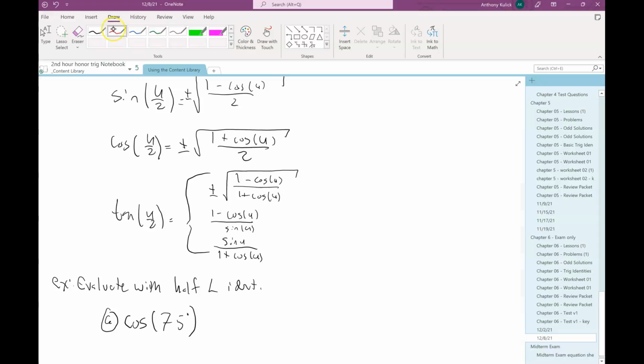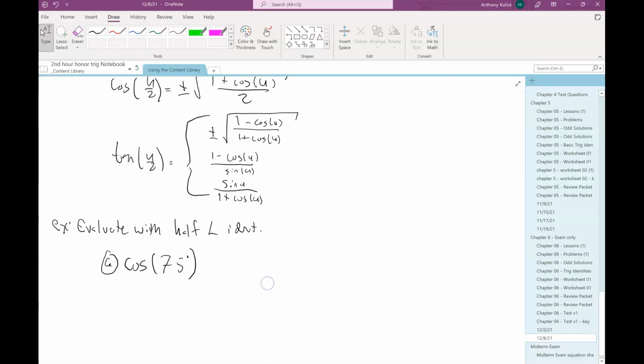So let's say that I want to do cosine of 75. Notice that 75 is not a unit circle angle. So I'm going to start by rewriting 75 as something divided by 2. What divided by 2 is 75? 150. Everybody's okay with that?